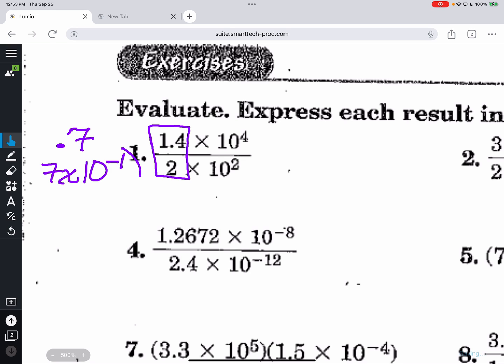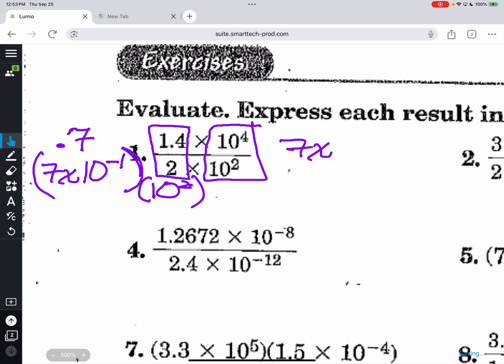Now we go look at our exponent part. And we say 4 minus 2. What is that? 2. So we're going to then multiply that by 10 squared. So we know 7. And then what would our exponent be?